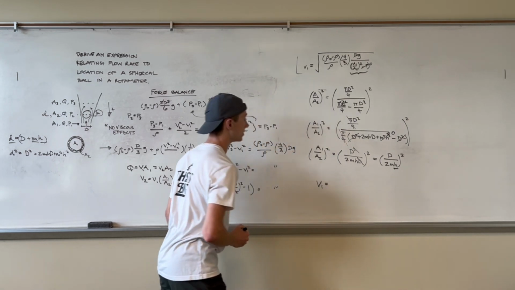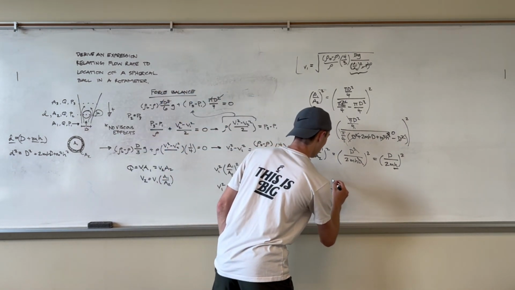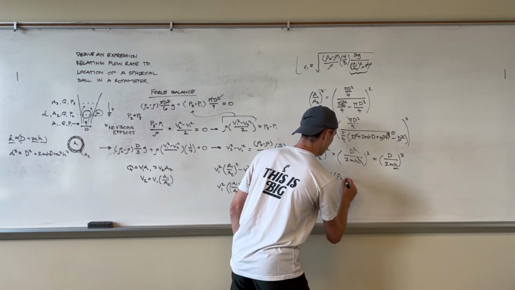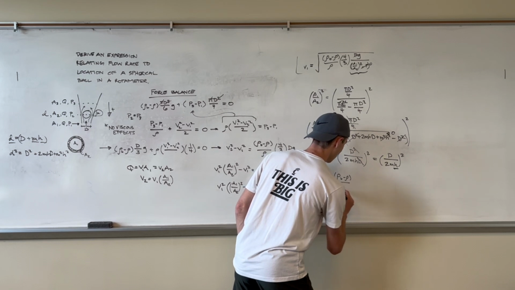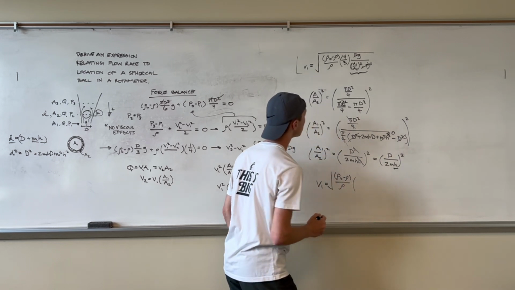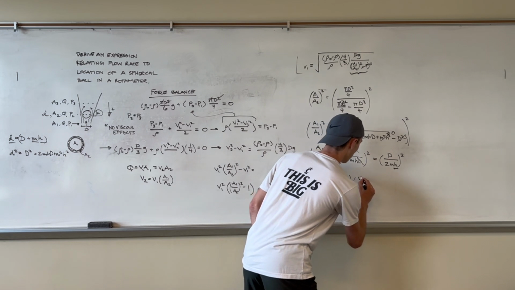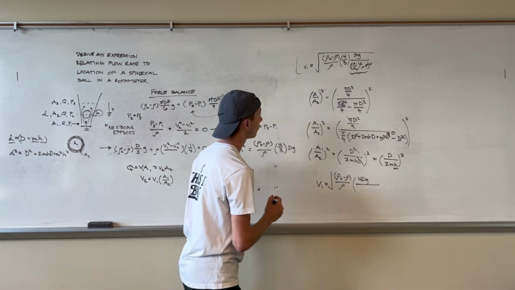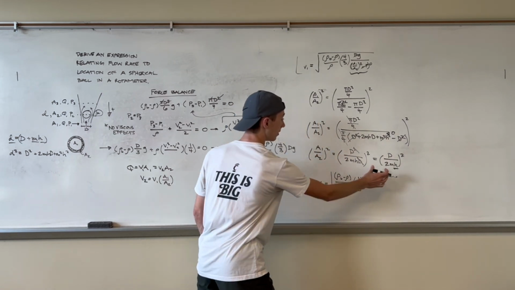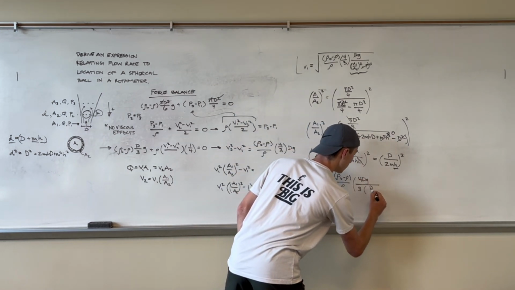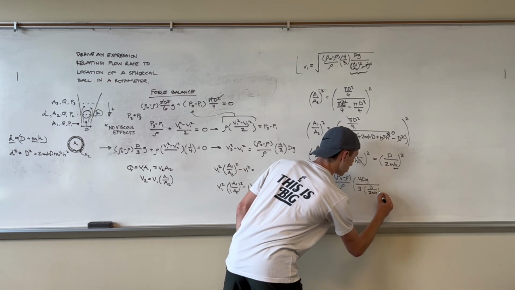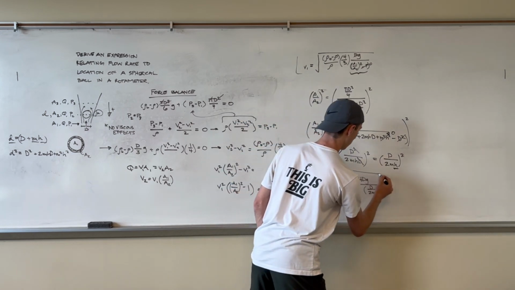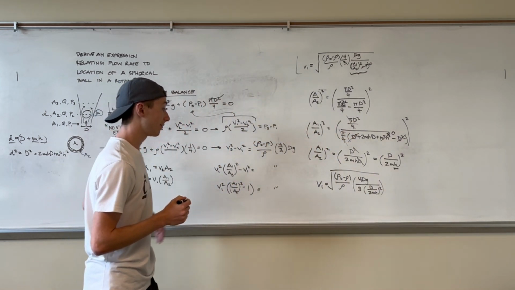V1 is equal to the square root of our effective density over fluid density times 4dg over 3, and then our expression here, d over 2mh squared, and the whole thing's under the square root. Okay, we can simplify this a little bit better.